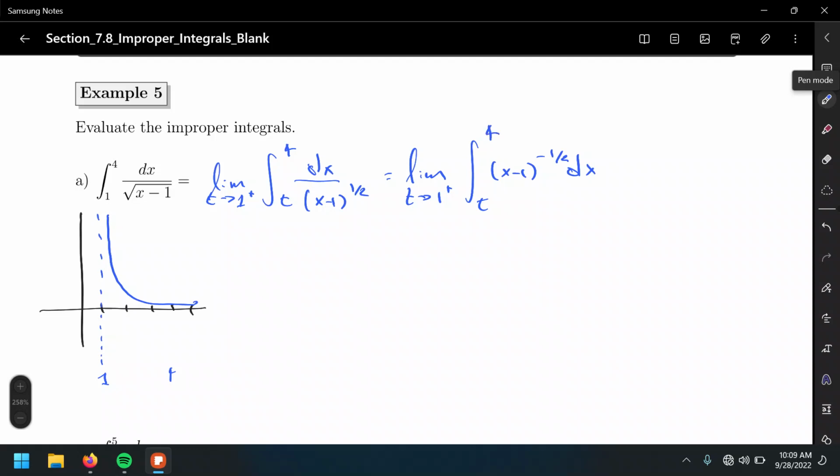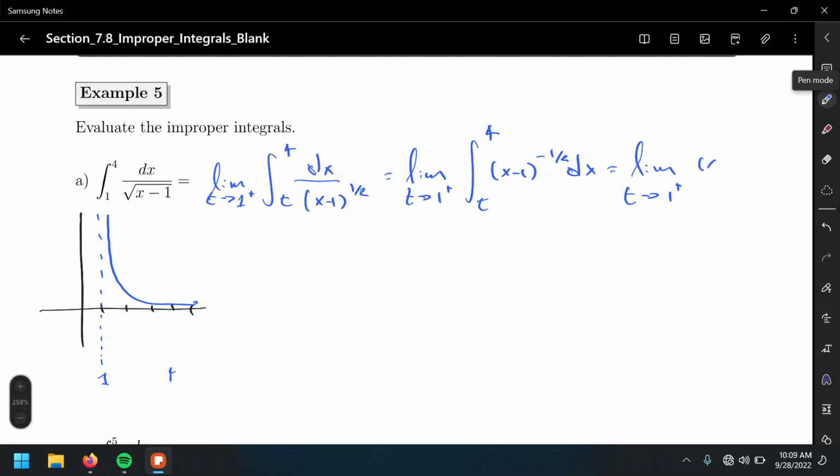In this case, we can just use the general power rule. To be honest, we really don't need to show a u du, because u is x minus 1, du would be just 1 dx, and there's really nothing weird to change. We can just go straight to the integral.